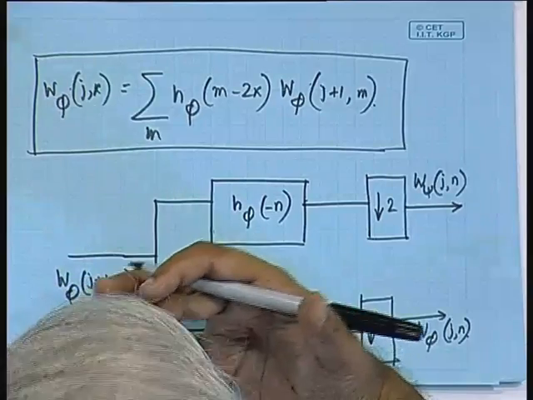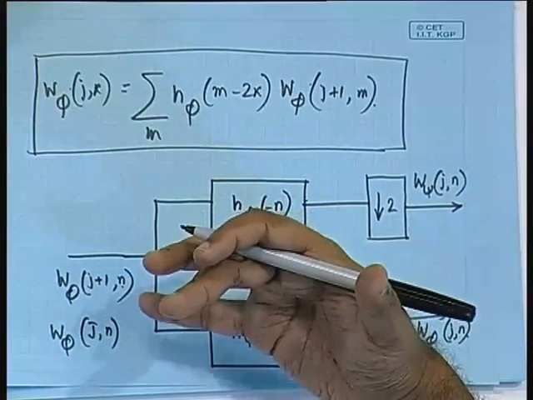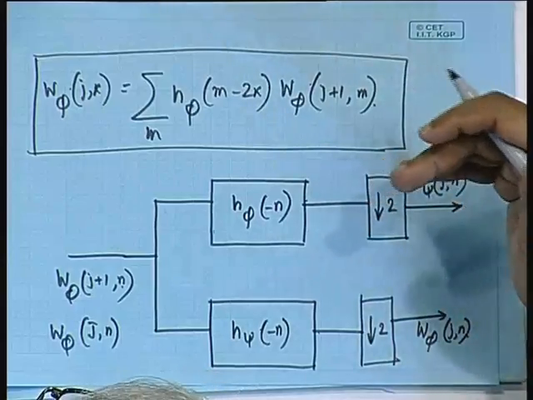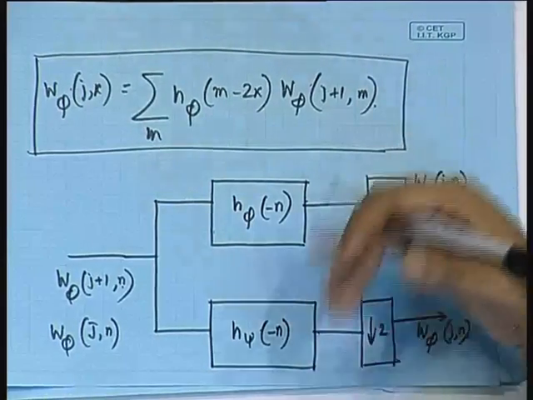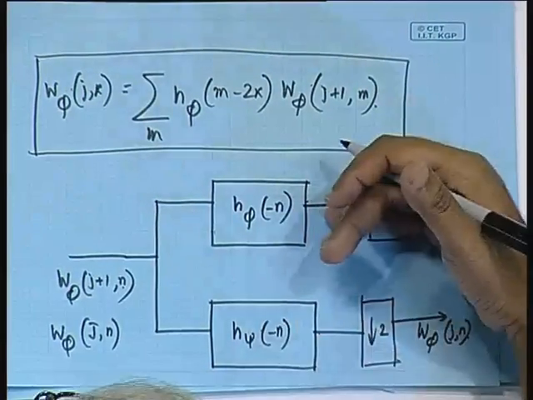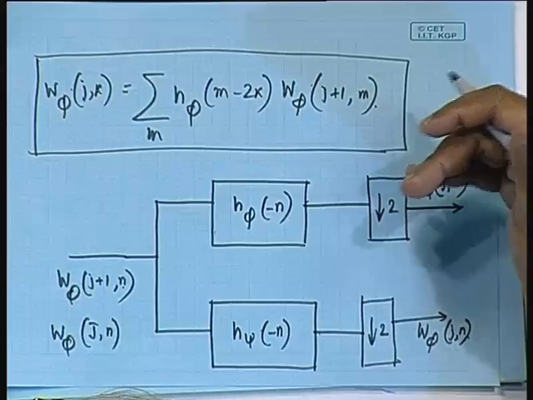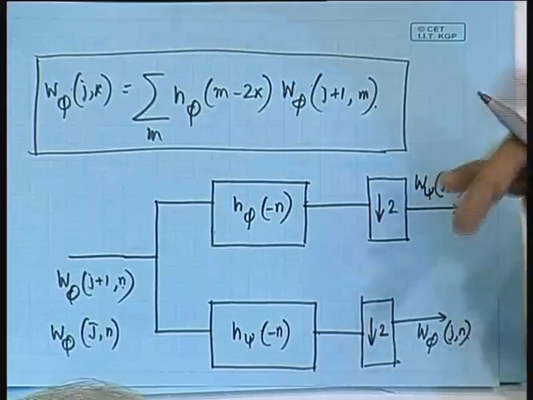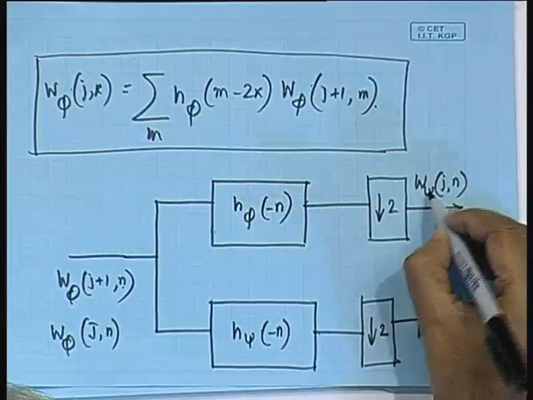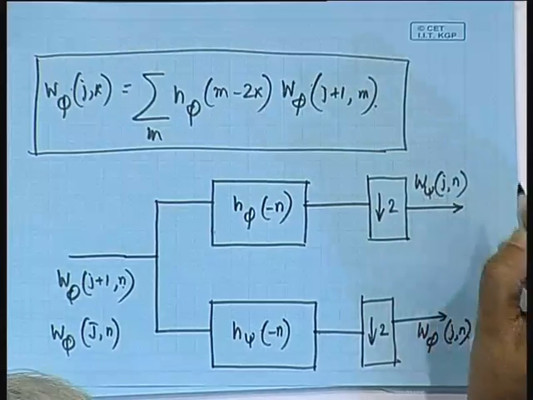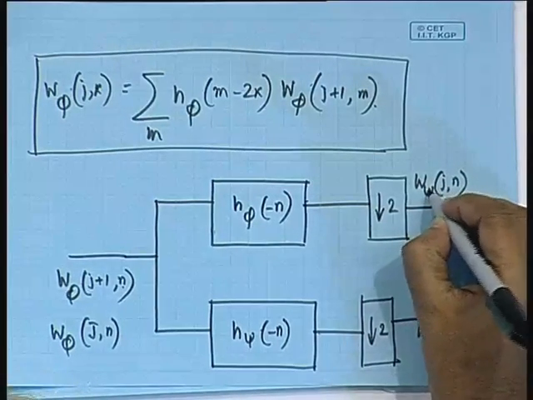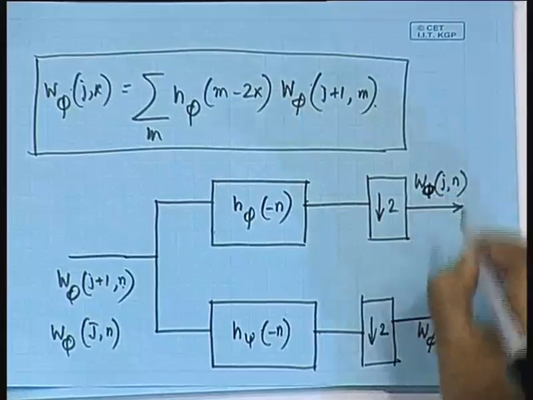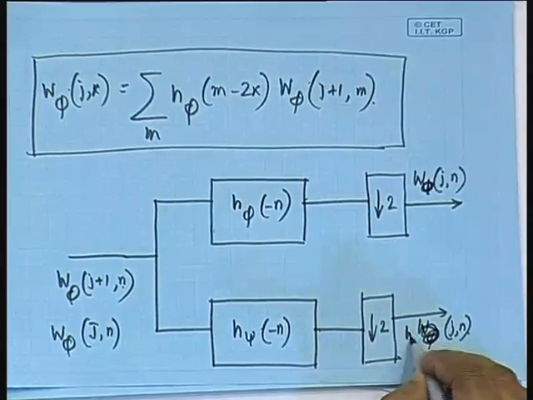If I start with W phi J n, which is our original signal, we can put it into these two kinds of filter banks, and we can obtain a low pass filtered version and a high pass filtered version. By the way, I have written it totally wrong. This should be W phi, this should be W phi, this should be W psi.